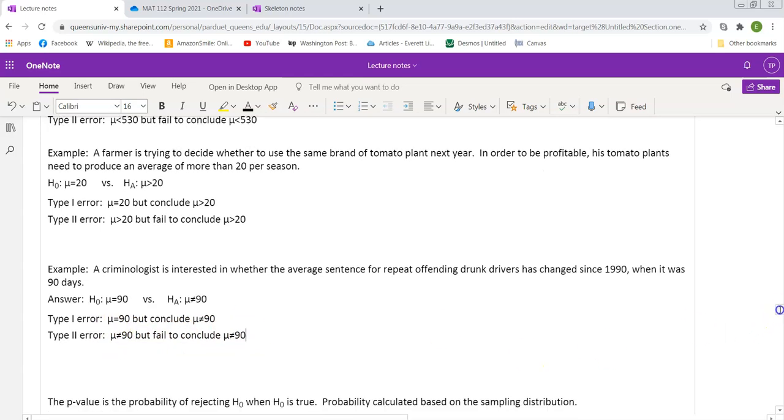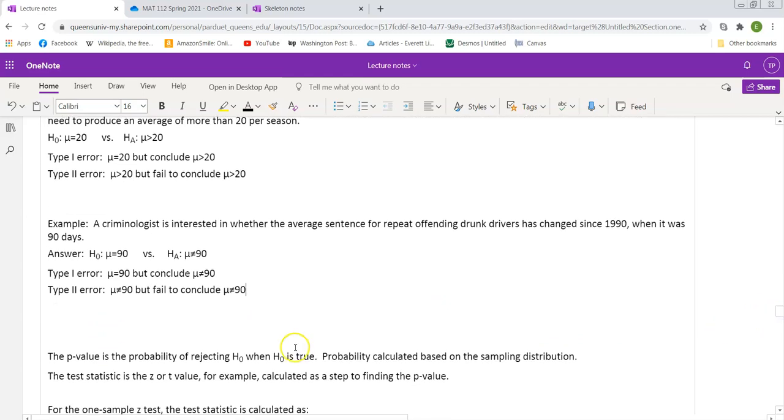So what does this have to do with hypothesis testing? Well, the p-value is the probability of rejecting H naught when H naught is true. All right. So for this last one, for example, to find the p-value, we need to assume that mu equals 90, but find the probability that a sample would make it look like mu is not equal to 90.